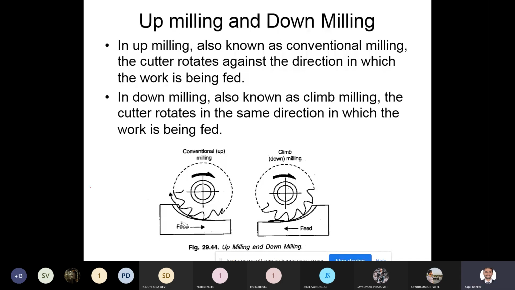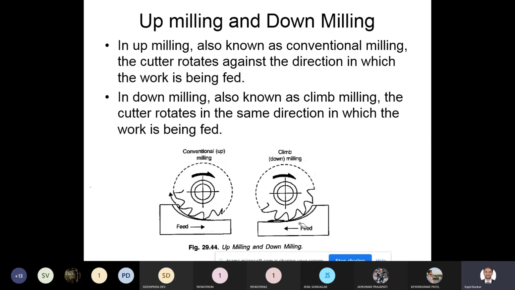Cutting forces go upside, so it will try to lift your workpiece. That's why, to overcome this lifting of the workpiece, you have to rigidly fix your workpiece to the table. While in down milling, downward force is generated on the workpiece, so you need not worry about your workpiece, because due to the downward forces it will fix on the table.